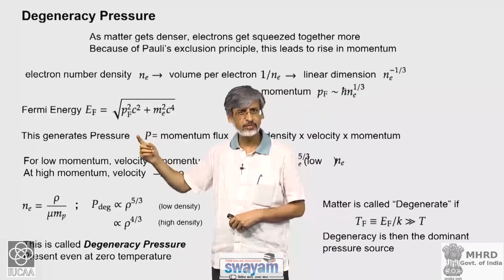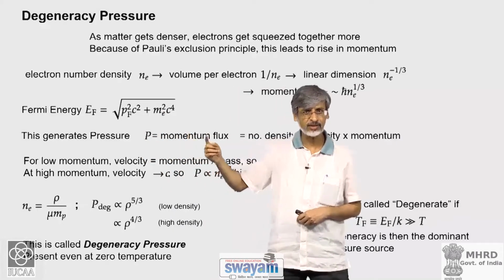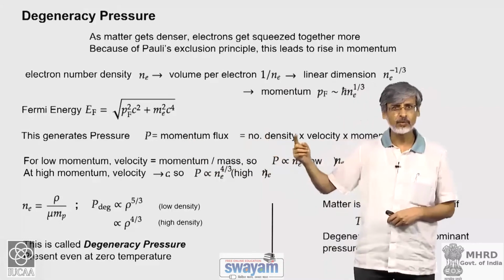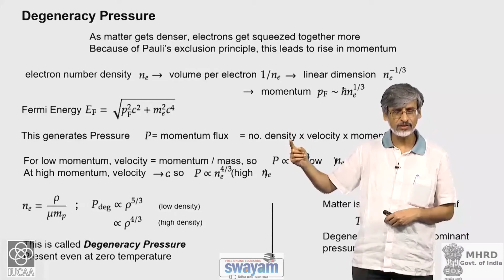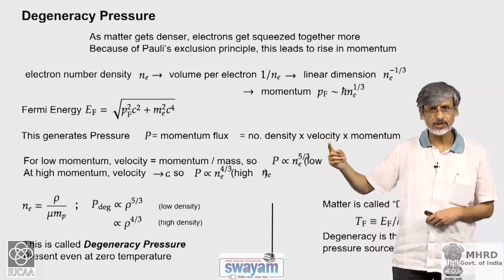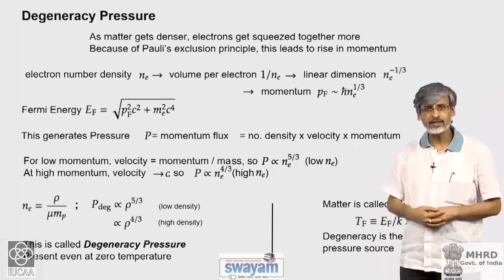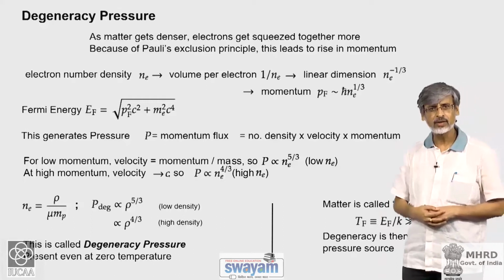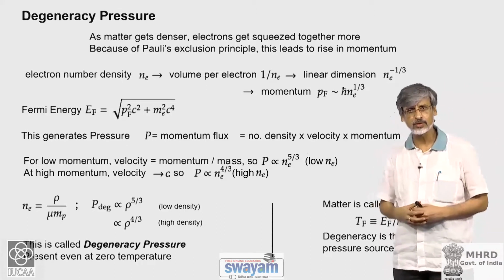This rise in momentum generates a pressure P, which is equal to the momentum flux, which is equal to the product of the number density of the electrons times the velocity of the electrons times the momentum itself. So, using that, we can try to estimate what is the pressure that this simple squeezing of electrons is going to give rise to.